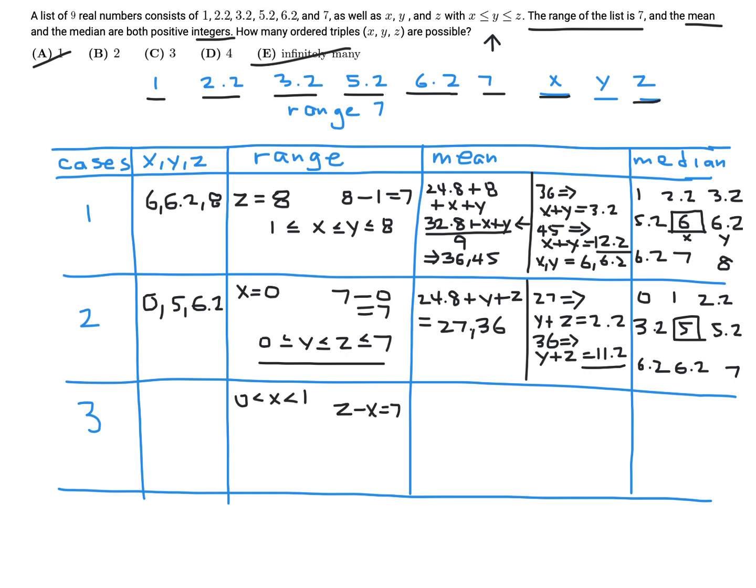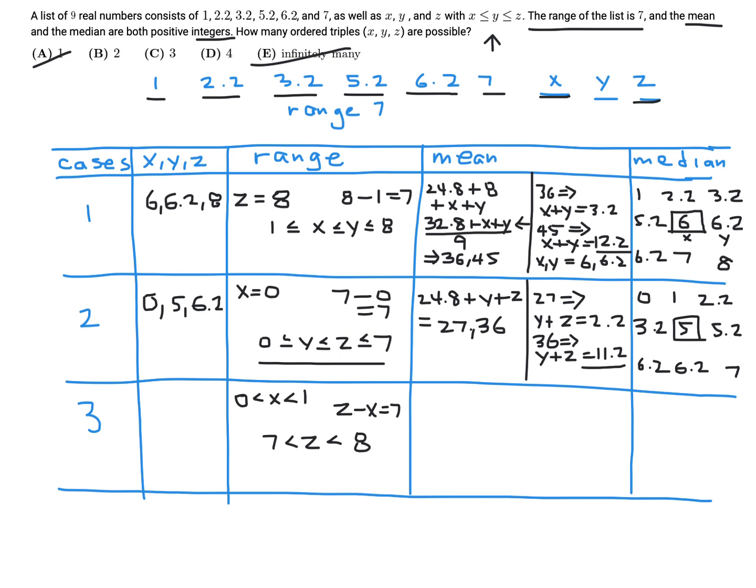And therefore, that most likely means that z is between 7 and 8, since x is between 0 and 1. Okay. All right.